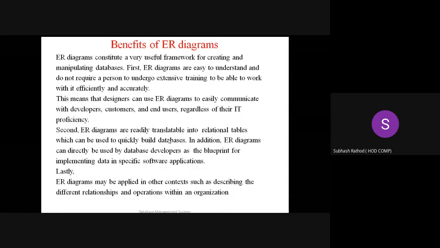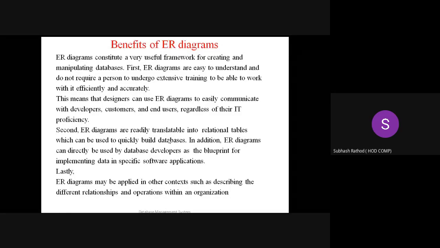Remember, it's very important. The designer can communicate with the developer, the programmer, the analyst, the customer, and the end user, regardless of their IT proficiency. If they are not IT people, they can still easily understand the ER diagram and the database part.